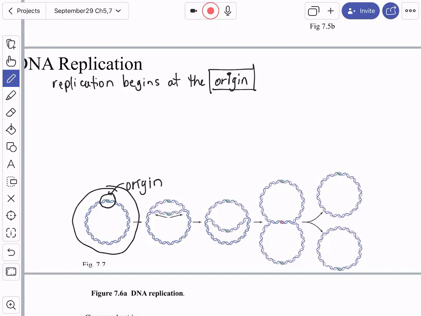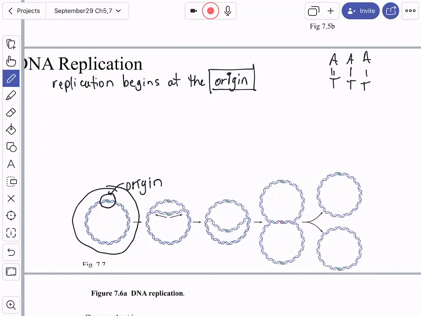How do the enzymes know that that's where they need to start replication? There's probably some signaling that happens there. Perhaps some methyl groups added. We'll talk about that a little bit later. But it also might be a section of the DNA that has lots of A's and T's, because I kind of skipped over this before.